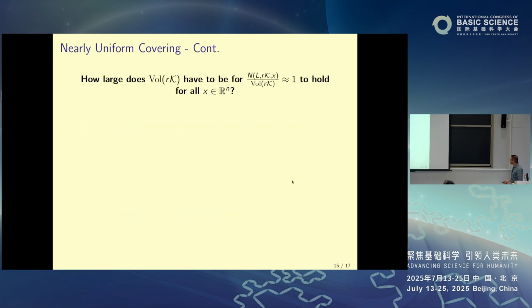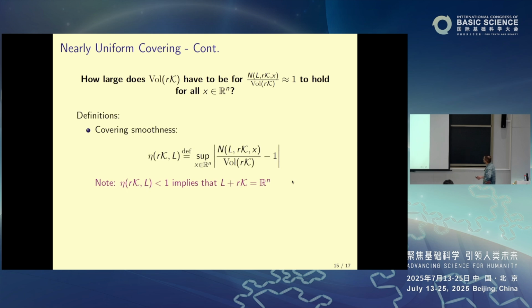So our question is really how large does the volume need to be for this to happen, right? So the covering will be almost uniform. So we define this quantity, eta of Rk and L, we call it the covering smoothness. This measures the maximal deviation of this ratio from 1, where the maximum is with respect to all x in Rn.